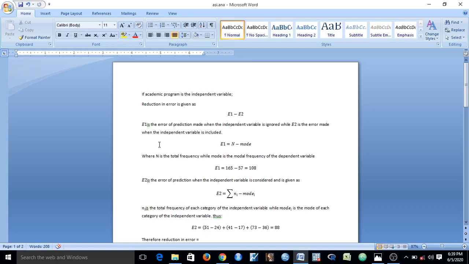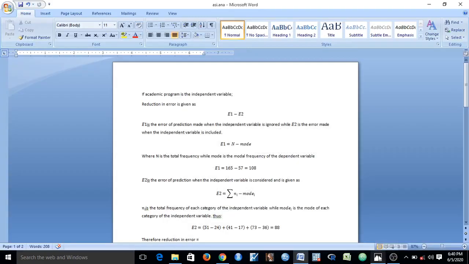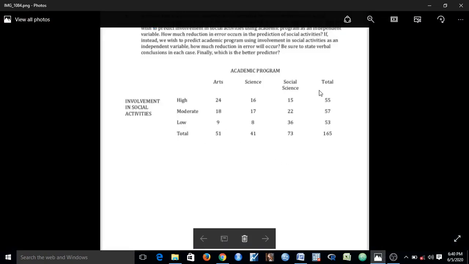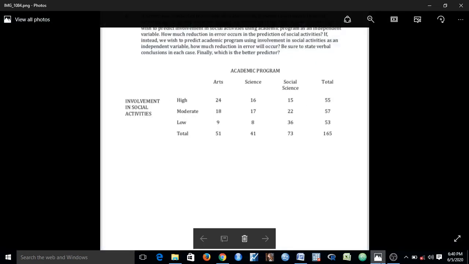From our results, we see that the total frequency here is 165, and then the mode, which is the modal frequency of the dependent variable. Don't forget we are using academic program as independent and involvement in social activities as dependent. So we check the total for involvement in social activities and see which one is the mode.